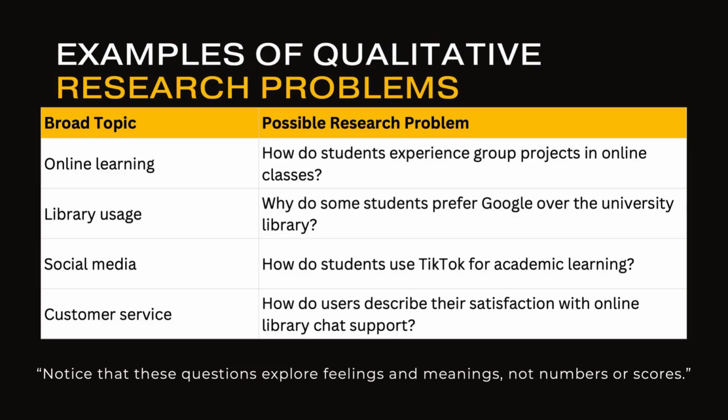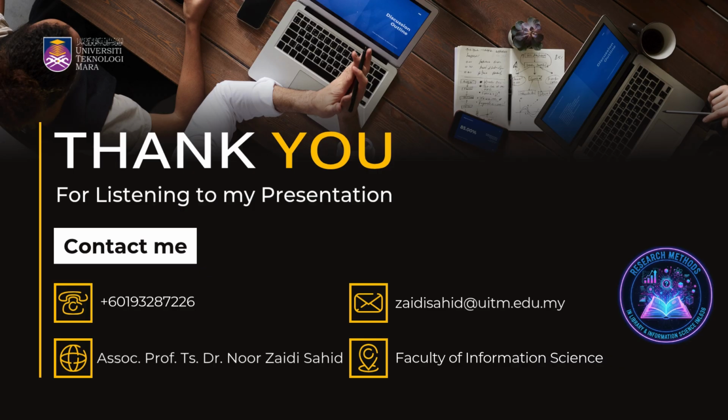Notice that all these questions use terms like how and why, inviting stories and meaning, not scores or statistics. So when you design your own qualitative question, think about what people feel, believe, or experience, not just what they do.